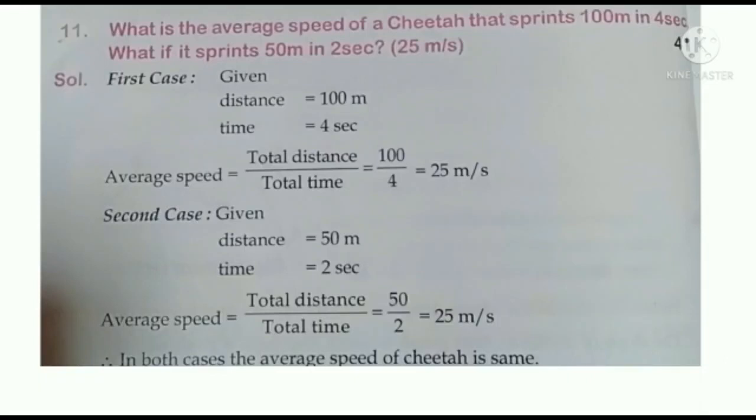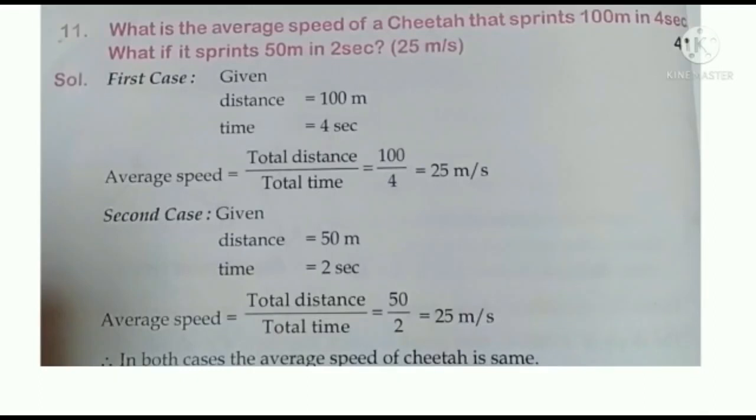Time taken is equal to 4 seconds. So total distance by time taken is equal to 100 by 4, that is equal to 25 meter per second. So the average speed of the cheetah that sprints 100 meters in 4 seconds is equal to 25 meter per second.